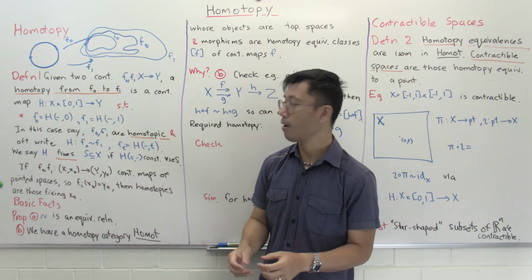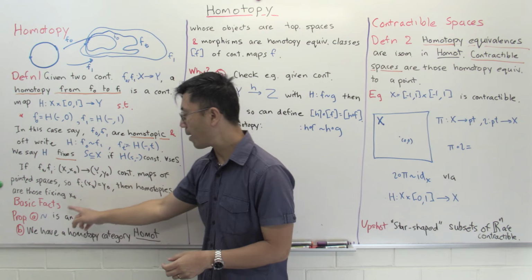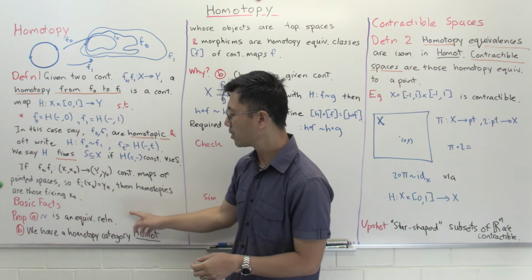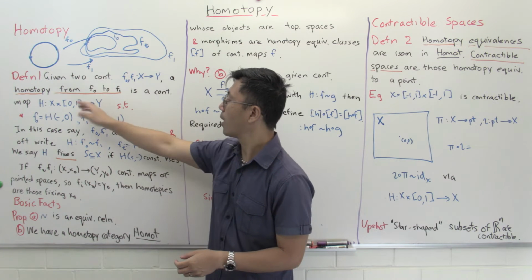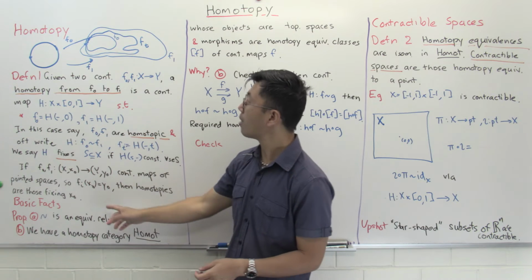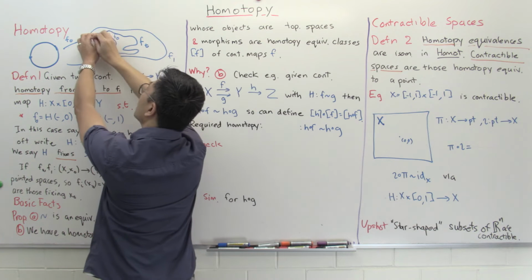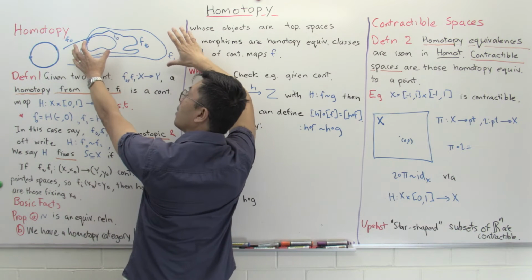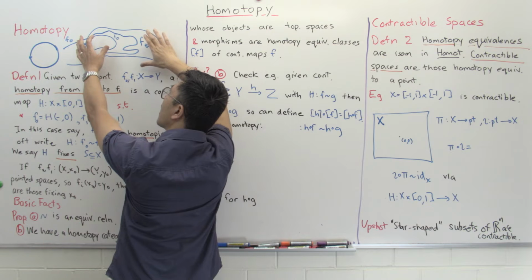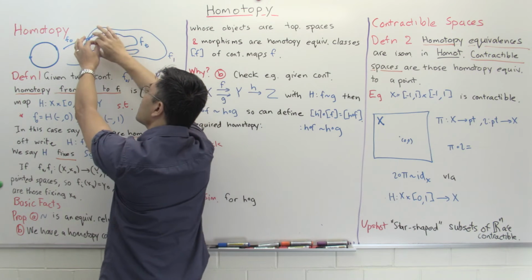The best way to think about this is to think in terms of deformations for your idea of what is homotopic. If F0 is homotopic to F1, let's check symmetry. That means you can deform F0 by growing it up to F1. And of course, you can run this backwards and shrink F1 back to F0.